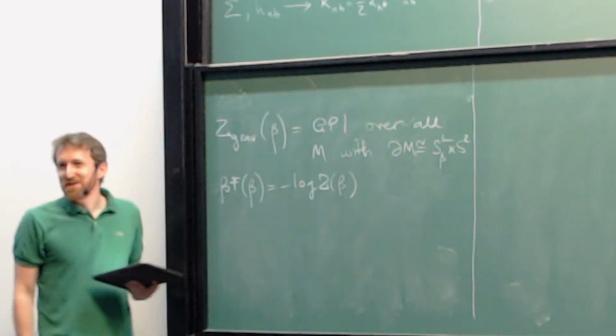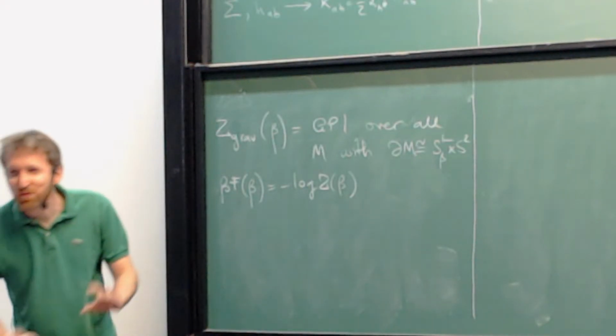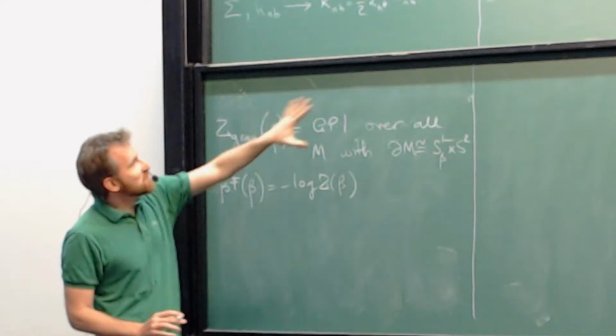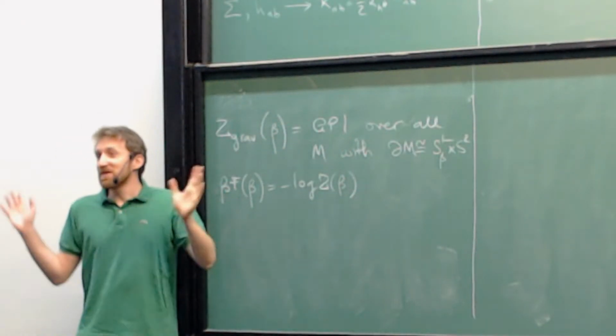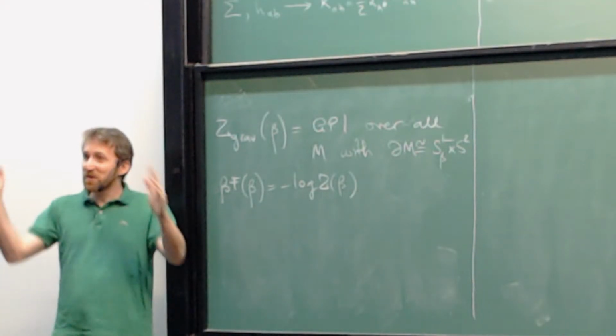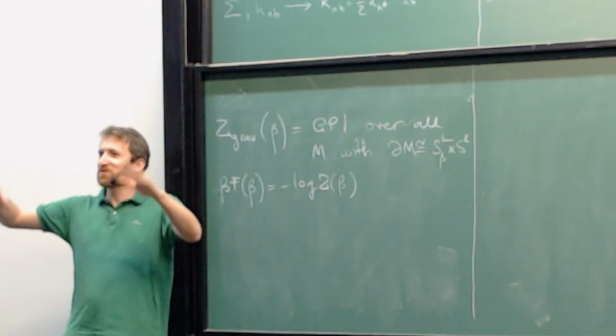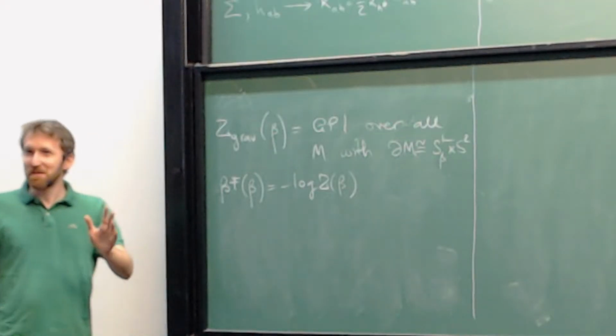Now I will do some magic. I don't really know how to compute Z grav, because it's the integral over all the metrics including all the fluctuations of the metric. This is not a well-defined thing.